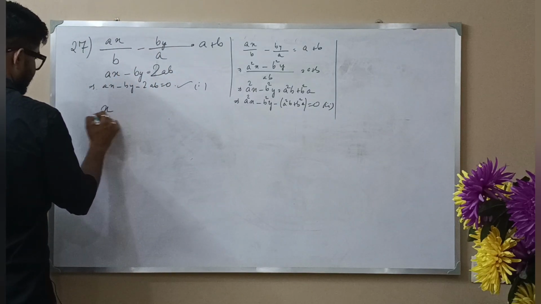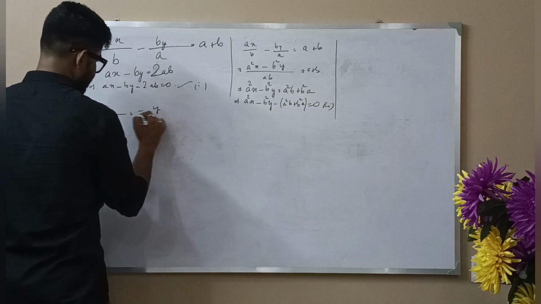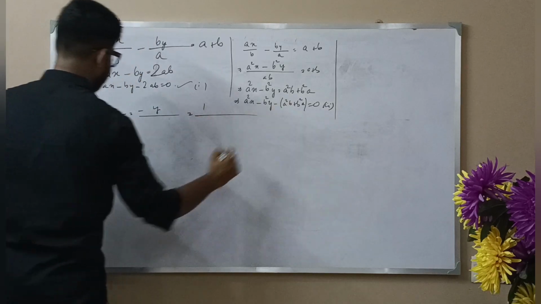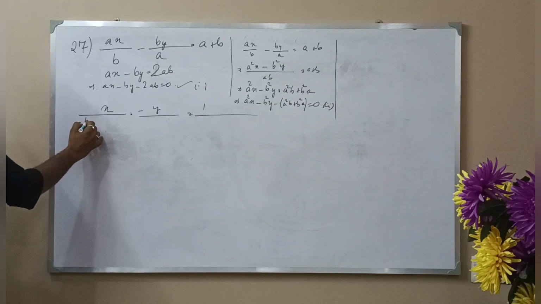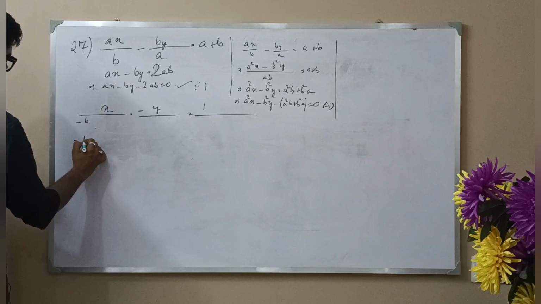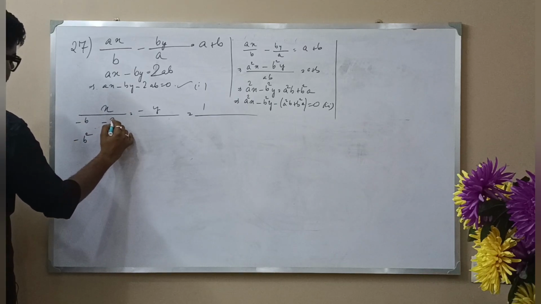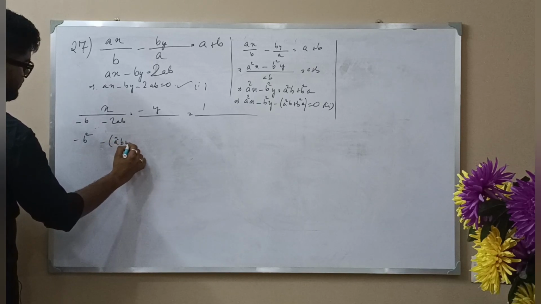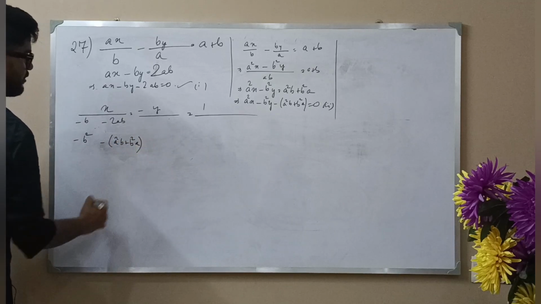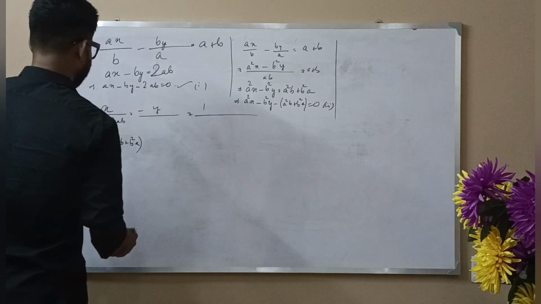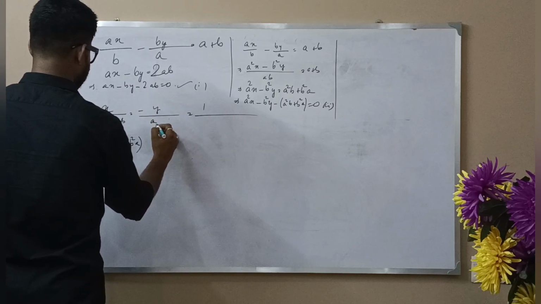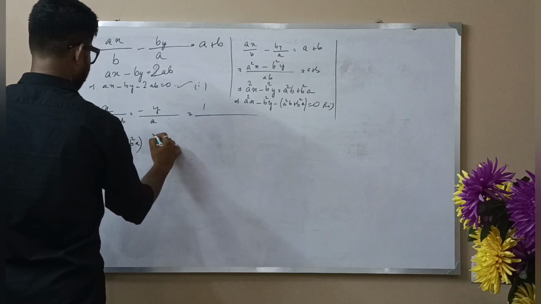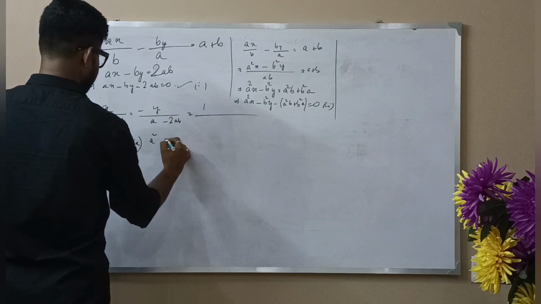So x minus y 1, so minus b square, minus 2ab, minus of, now a square minus 2ab.